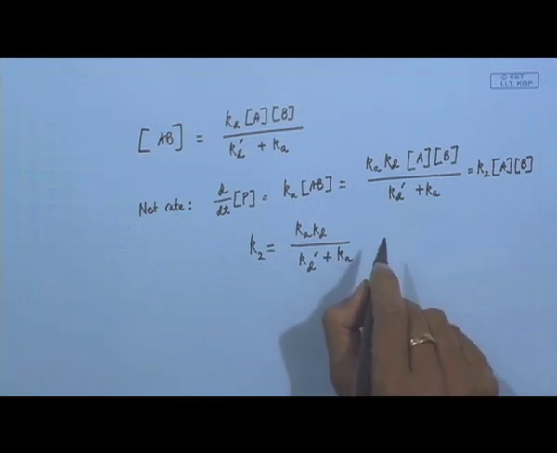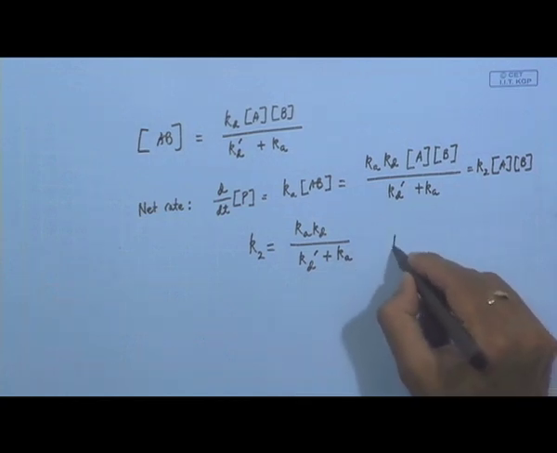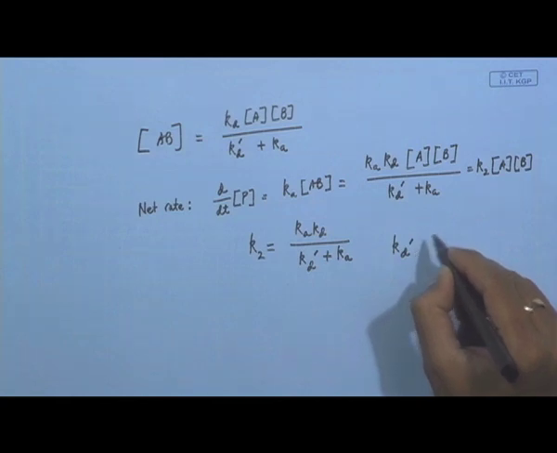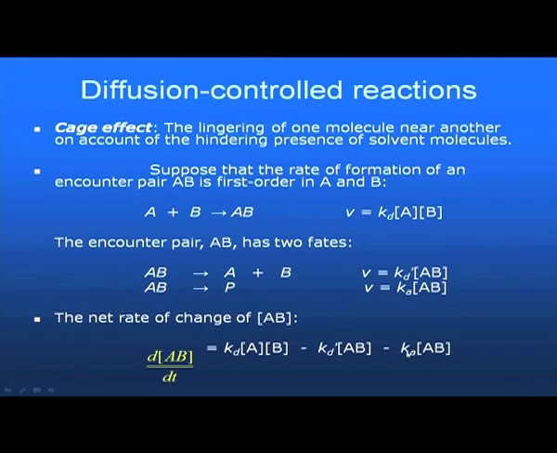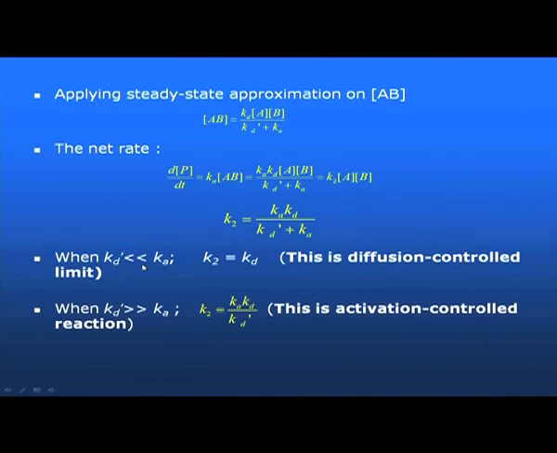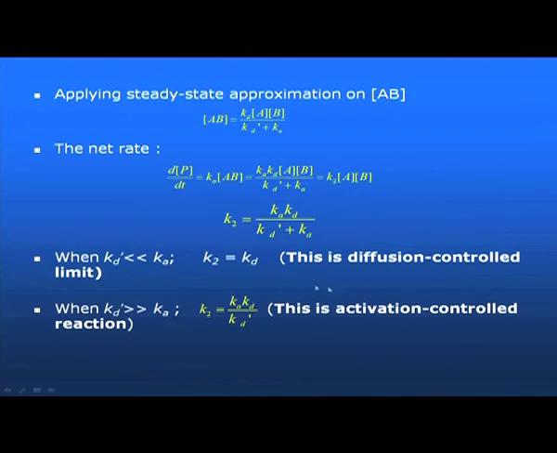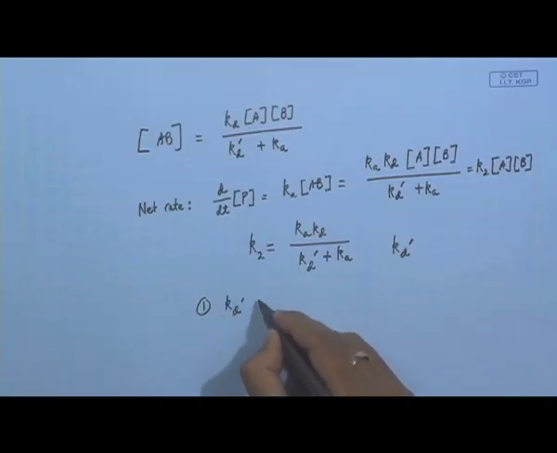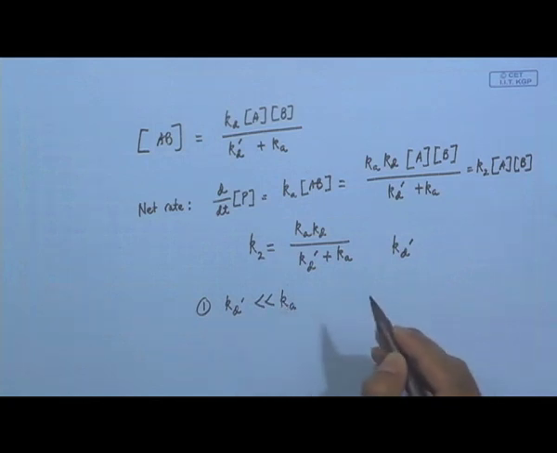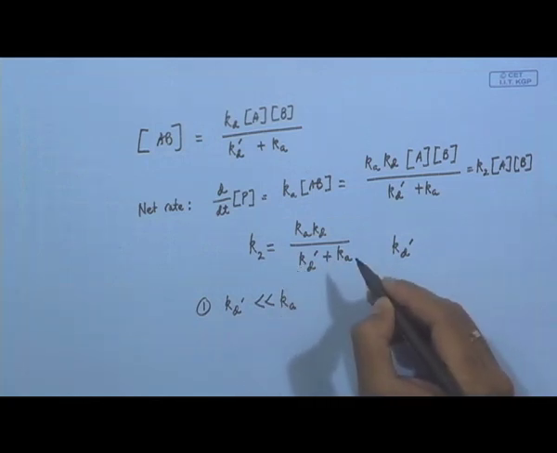Situation 1: Kd primed means the dissociation of AB back to A plus B. When Kd primed is very much less than Ka, the product formation step, you can just neglect it.